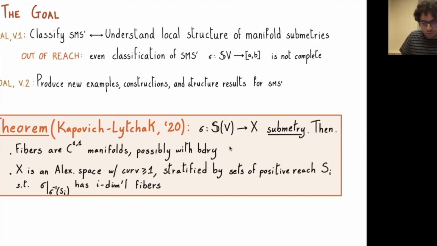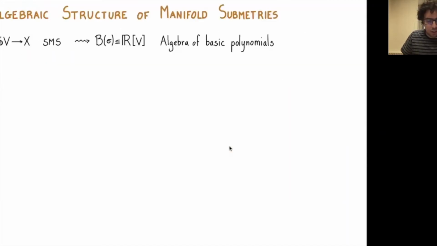To my knowledge, the first structural results come from some results of mine with Alexander and then with Ricardo Mendes, that essentially tell us that spherical manifold submetries actually have an algebraic nature. So in order to understand the how and why, let me just give a quick definition.